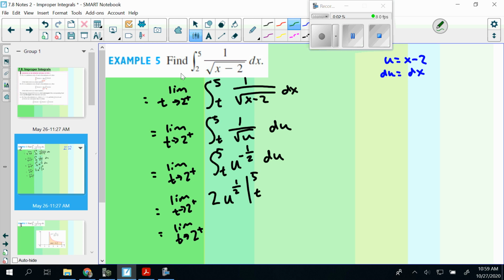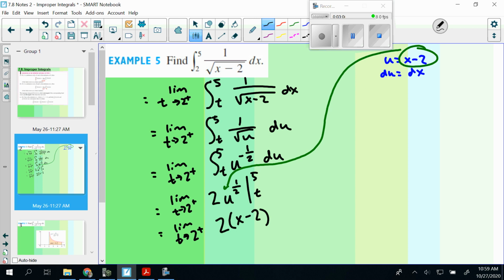So we want to have our x minus 2 back in here, x minus 2 to the 1/2. And for simplification purposes, I'm going to go back to the square root notation here, and we're evaluating that from 5 to t.